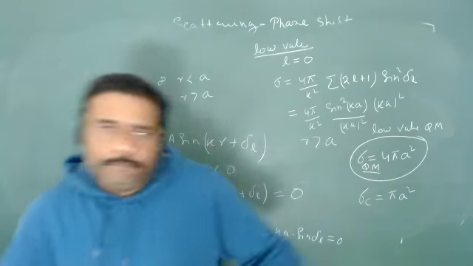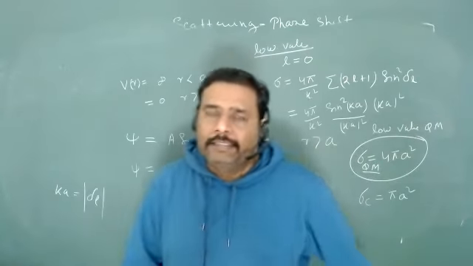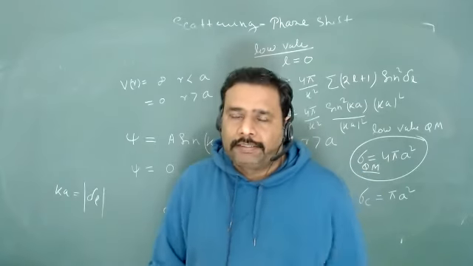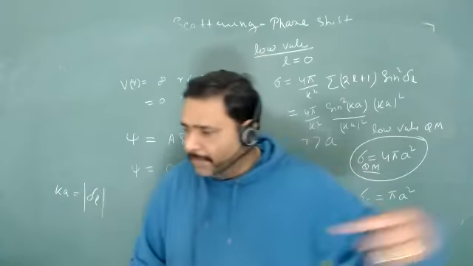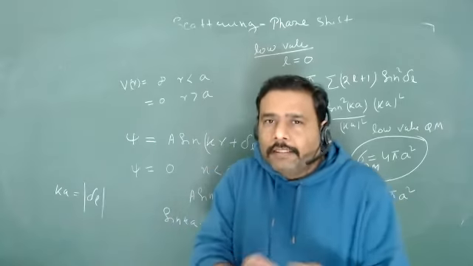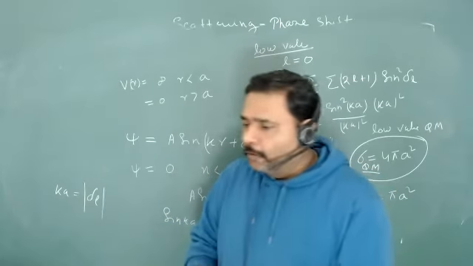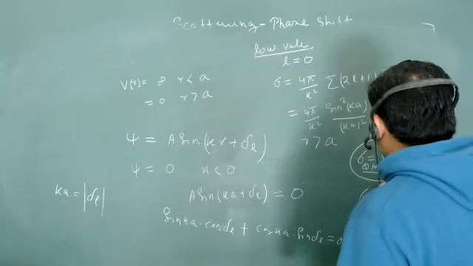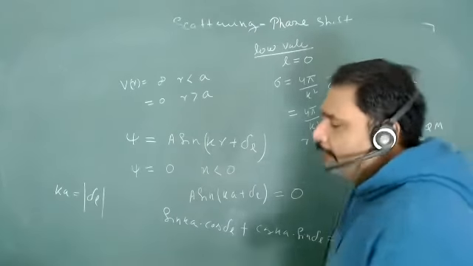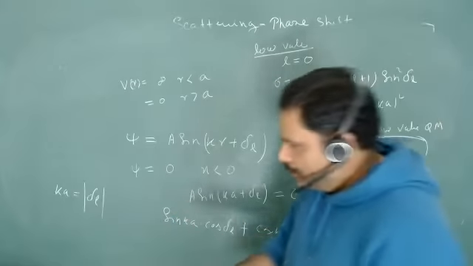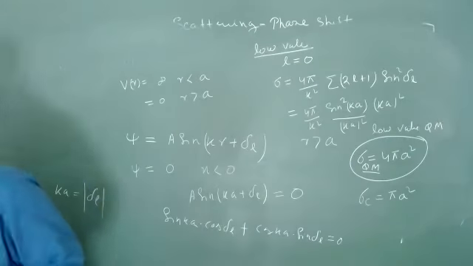Why? Because if particle is coming very high energy, then chance of superposition is very less. It will just penetrate and go, just like little bit of classical thing. But yes, there is superposition. So why it is more than classical, but less than low value quantum mechanics. And you will surprise that this value is 2 pi a square. So let us go and calculate this one also.